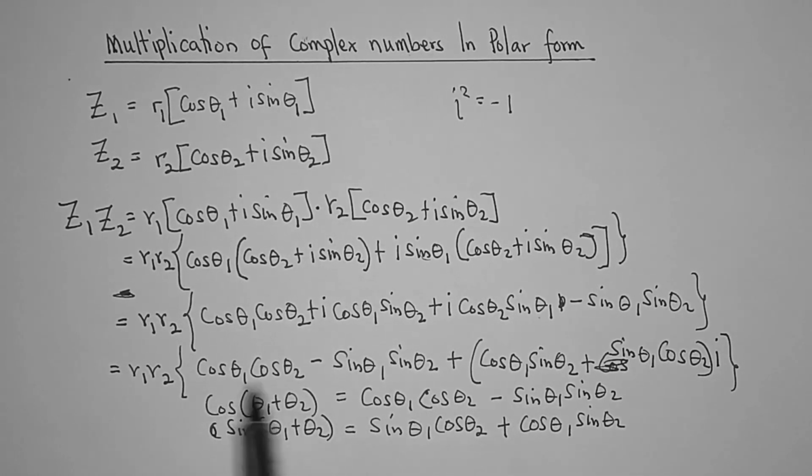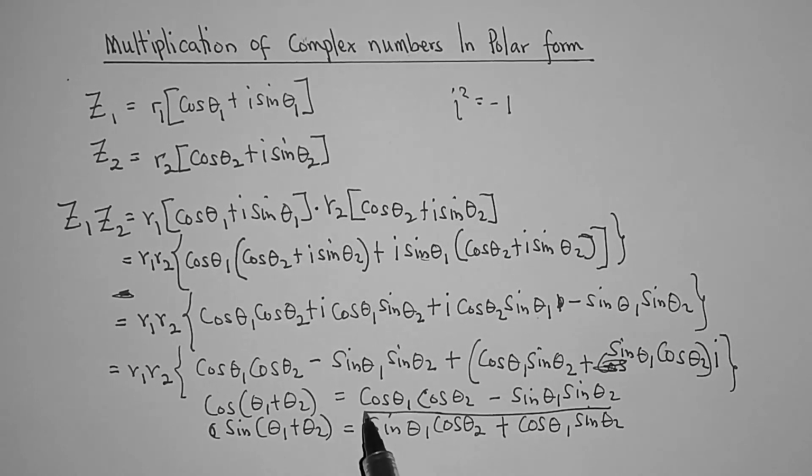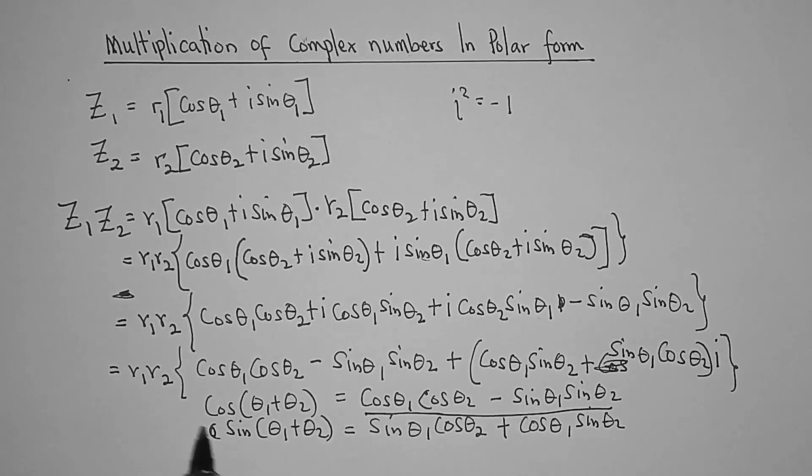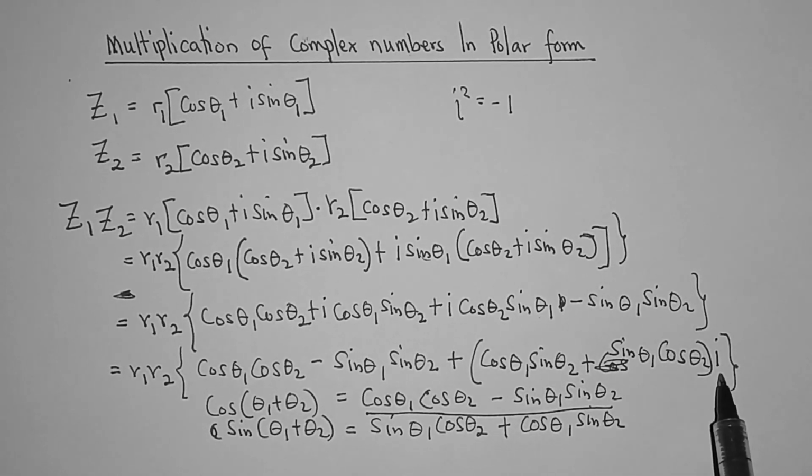So you can see that this one is cos theta 1 cos theta 2 minus sine theta 1 sine theta 2. It is exactly this expansion, which is cos into bracket theta 1 plus theta 2. And you can see that here is cos theta 1 sine theta 2 and then plus sine theta 1 cos theta 2.